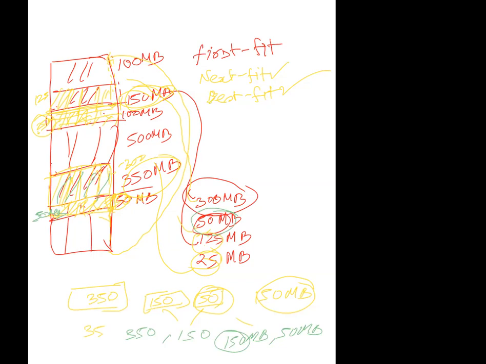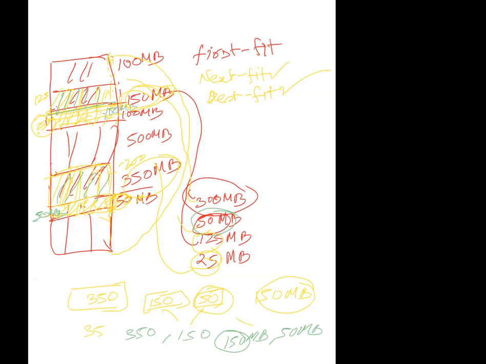So it will choose the 150 MB space to fit this 50 MB process. So 150 minus 50 leaves 100 MB available here for the worst fit.